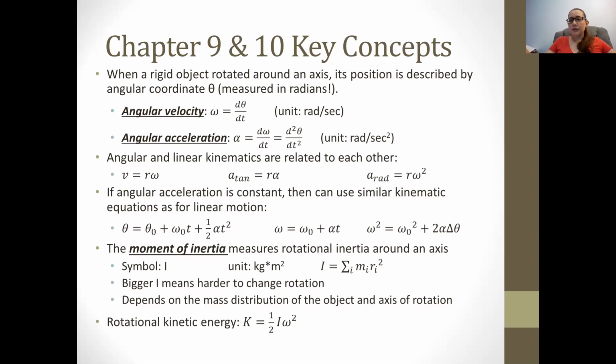And similarly to our regular inertia, a bigger I value means it's harder to change the rotation. More inertia means it's harder to change the motion. And this time it depends not on the mass of the object, but how that mass is distributed around the axis of rotation. So on the next slide, I'll show you some common shapes and how their mass is distributed with respect to the axis of rotation.